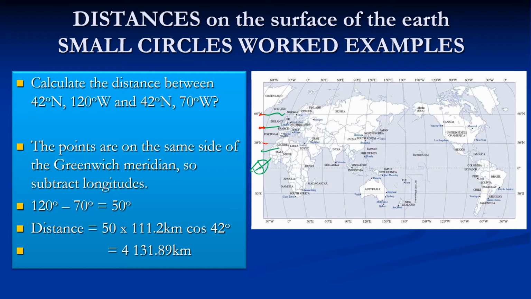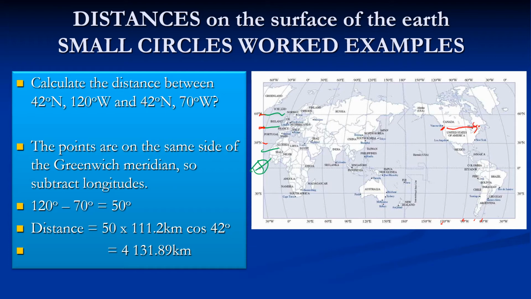And 120 degrees east, so that's 120, so that's about there. And we are going to go to 70 degrees west. So we need to just consider where we are. That's 90, that's 60, so about a third of the way, so probably about there.